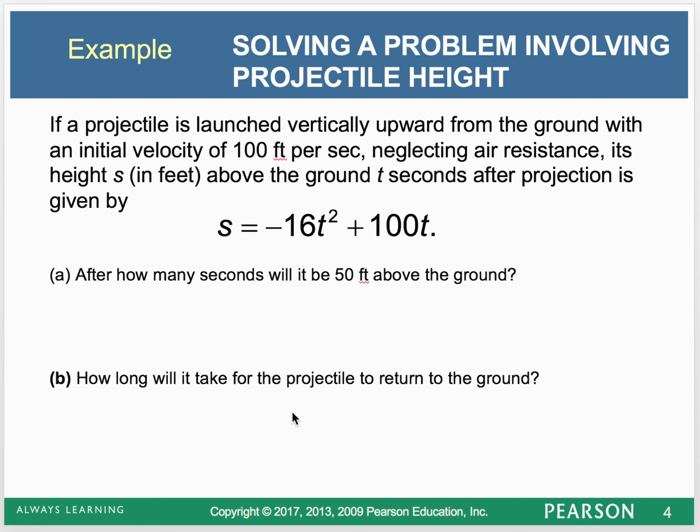Okay, let's look at the last one. How long will it take for the projectile to return to the ground? Oh, a return to the ground, that means the feet is 0, right? Because it's on the ground. So I'm going to put a 0 in here.